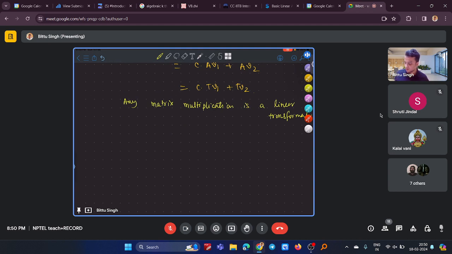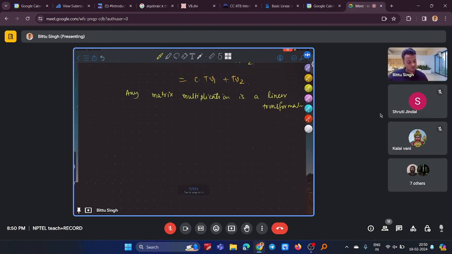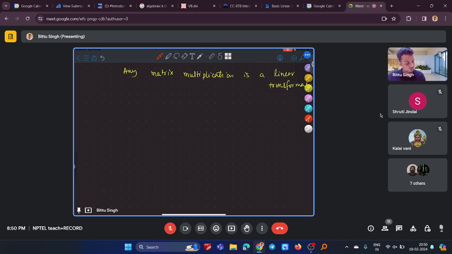So let us consider some examples which will be non-linear. Listen, are those linear transformations or not? Example 1.